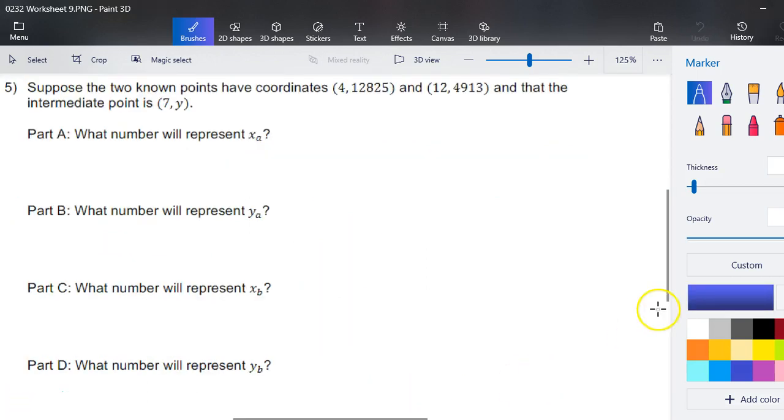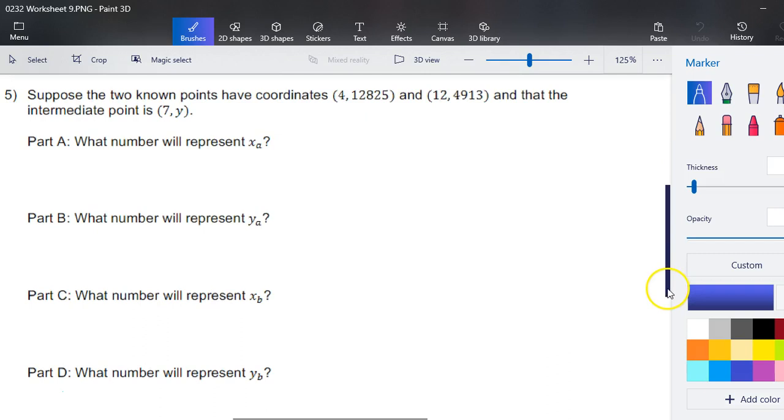So let's play around with this linear interpolation formula for just a bit. Remember, we're going to know 2 known points and an intermediate point. When we've been doing slope, I always label everything, and I want to do the same here. Where I normally would go x1, y1, I'm going to go x sub a and y sub a.